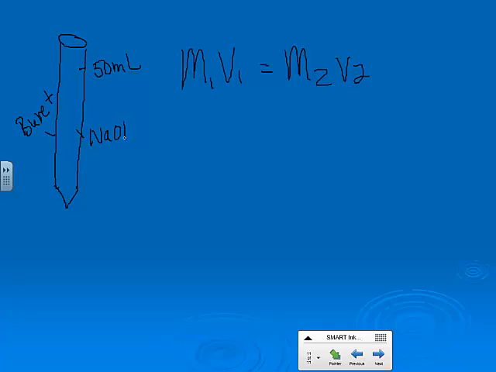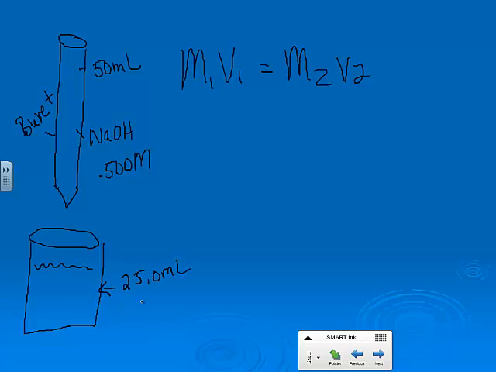So this would have our sodium hydroxide that to start with we know is 0.500 molar. What you do is you put your hydrochloric acid down here, and here you have your 25 mL of hydrochloric acid. What we're looking for is the concentration, the molarity of this solution.